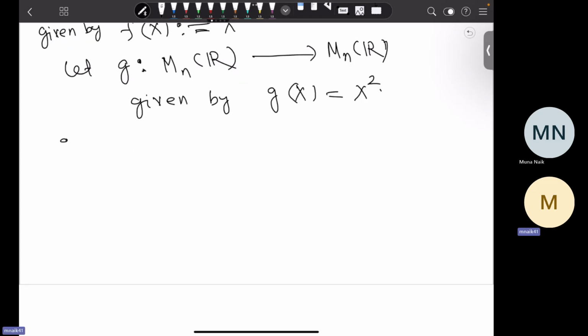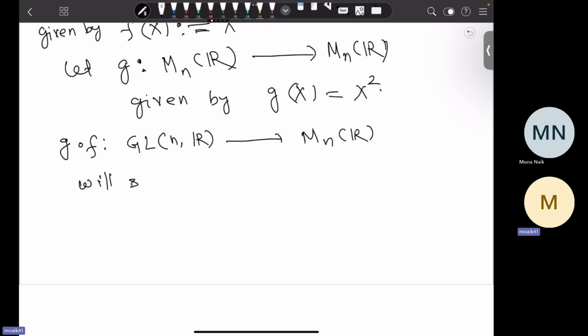So if you look at G composition f from GL n R to M n R, it will be given by G composition f of x is equal to really x to the power minus 2.